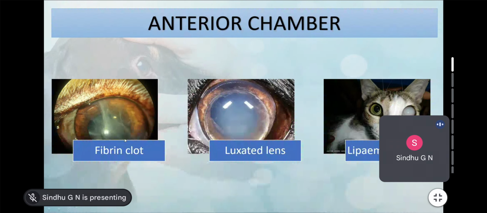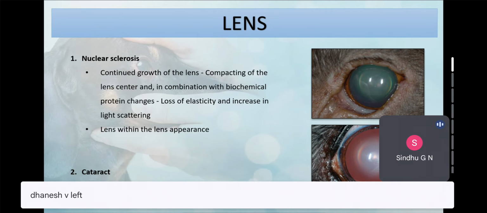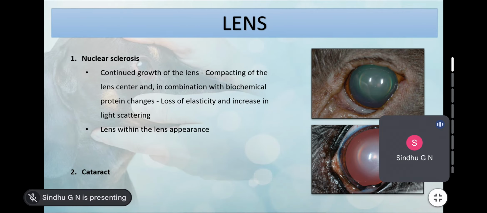Then coming to lens opacity that gives a blue eye appearance. Everyone knows nuclear sclerosis and cataract. These are the two causes for changes in the color of the lens. Nuclear sclerosis is an age-related change. Actually, the lens cells develop continuously and they get compacted in the center of the lens as the pet ages.